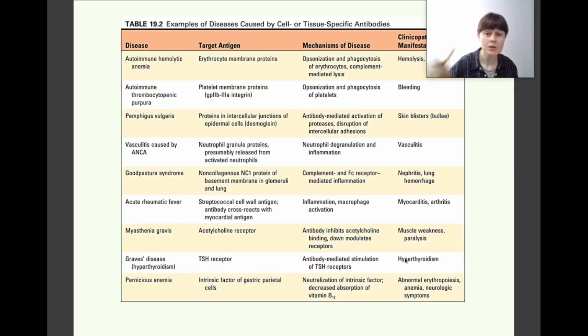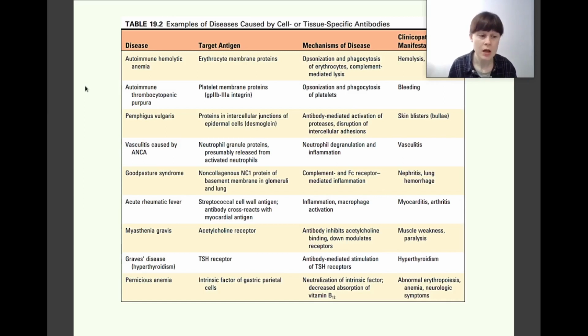And here you see various clinical conditions on this slide, and you see the clinical manifestations, which diseases we have in this case. But I want to share with you some examples. One example is autoimmune hemolytic anemia, or in clinical terms we call this thrombocytopenia.